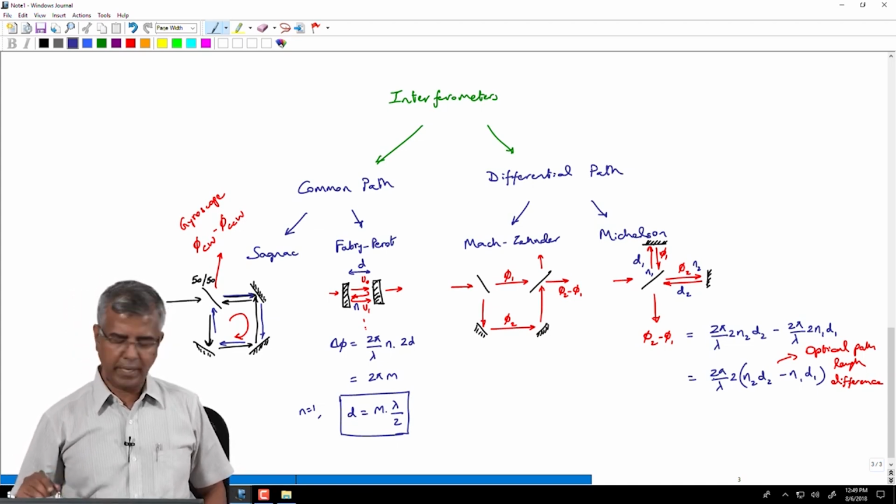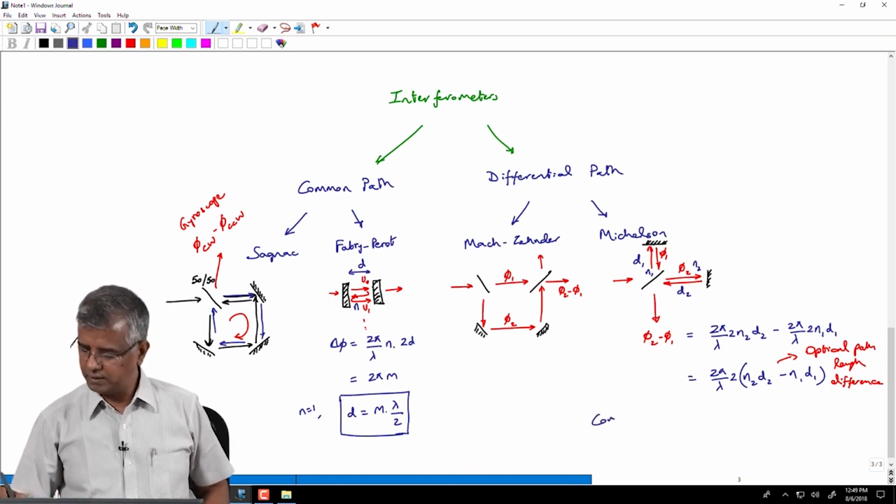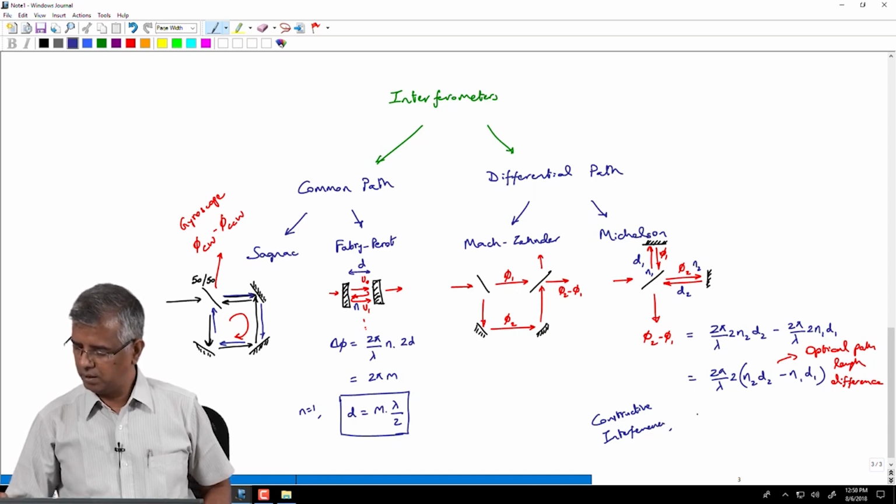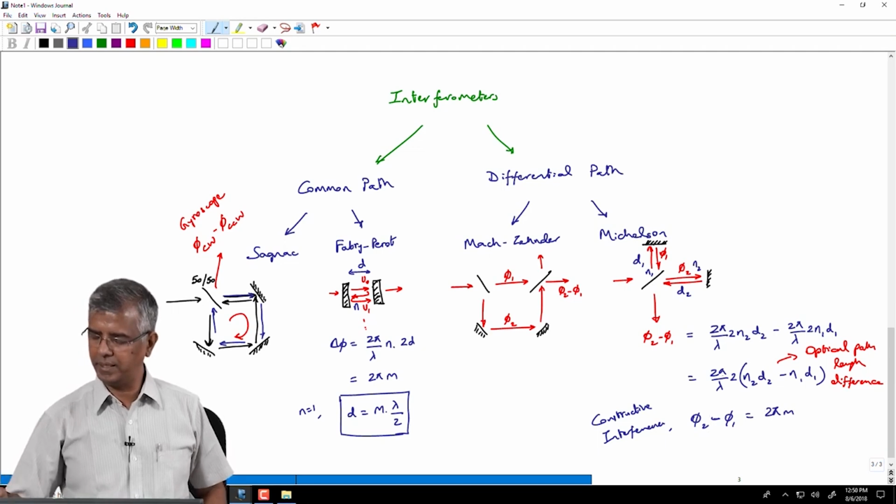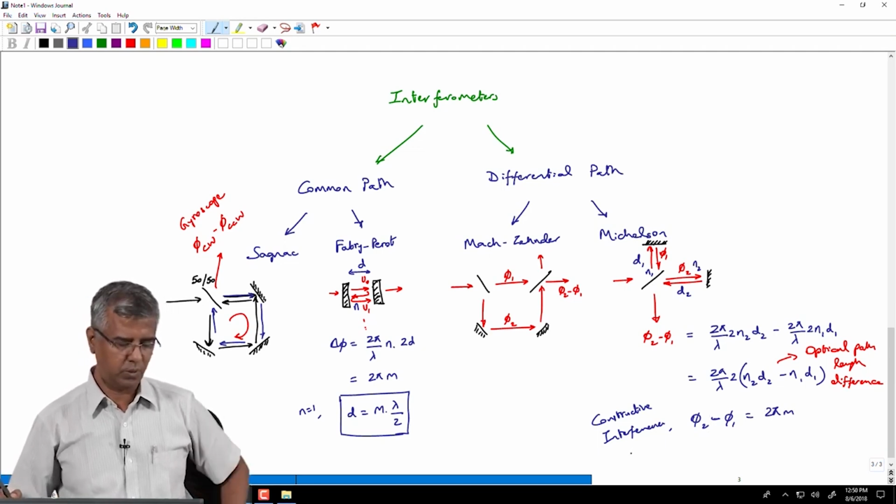So, clearly you get constructive interference when phi 2 minus phi 1 is 2 pi m, and that you can equate against this other expression over here.